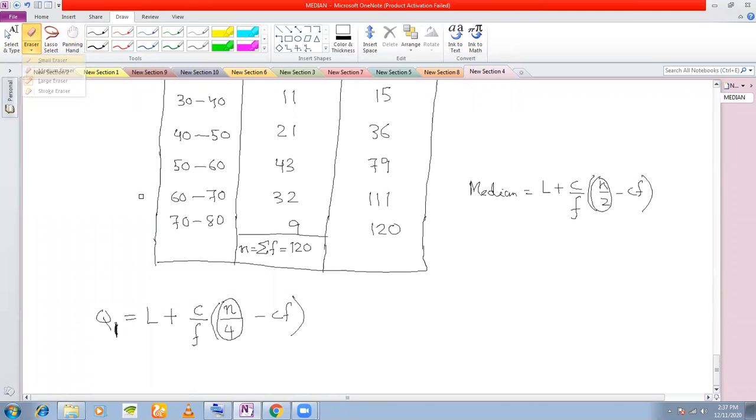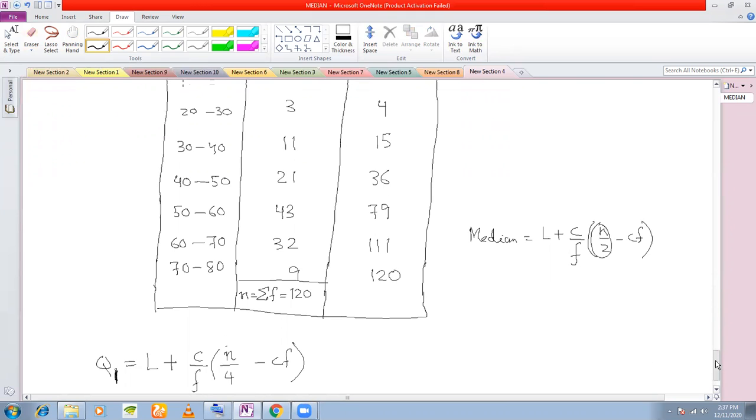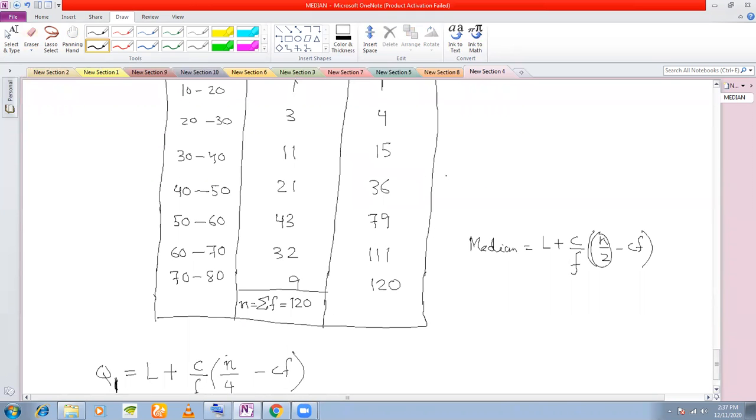So first, let us find N by 4. Here, N by 4 is how much? 120 by 4, which is 30. So 30th observation we are talking about. 30 lies between what? 30 lies here, right?